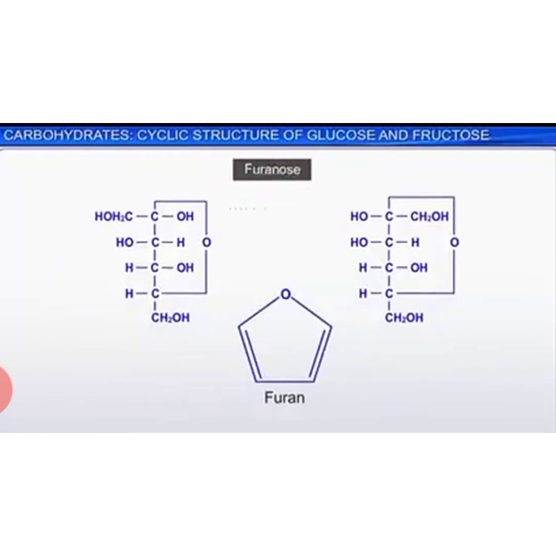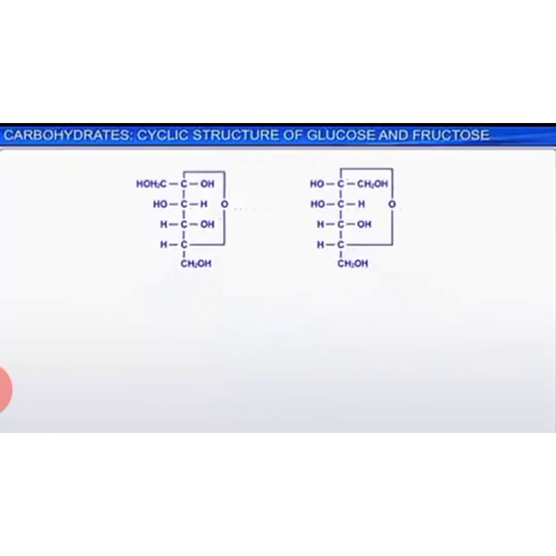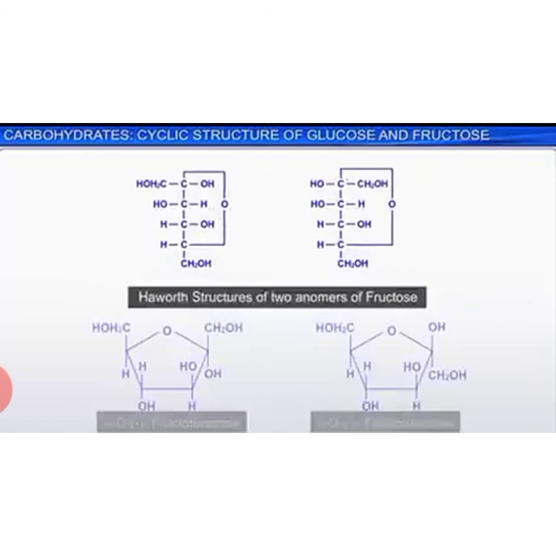Furan is a 5-membered heterocyclic compound. The furan molecule contains 4 carbon atoms and 1 oxygen atom. The cyclic structures of the 2 anomers are named alpha-D-(-)-fructofuranose and beta-D-(-)-fructofuranose.